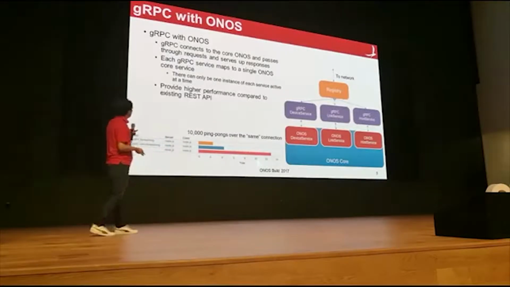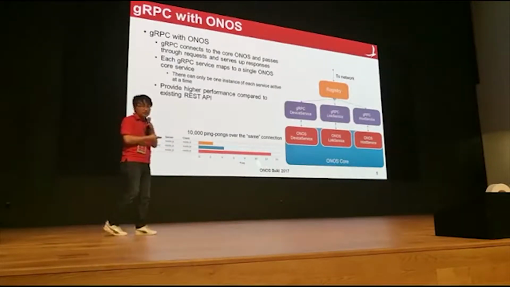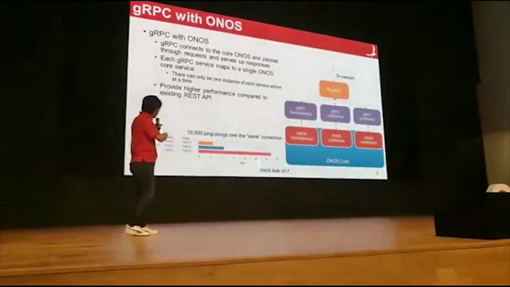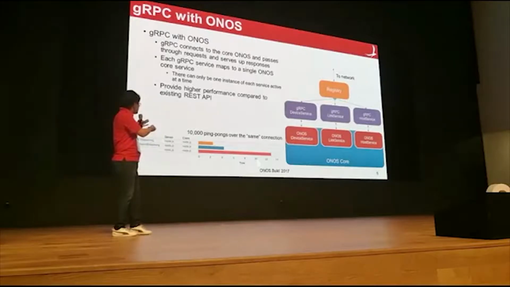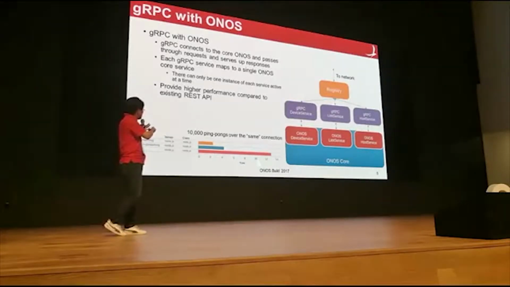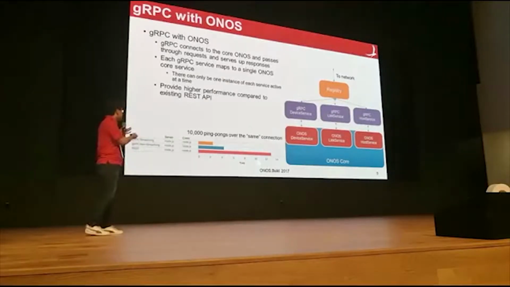Then it can be served to the client side. The third point I want to mention is that it provides higher performance compared to the existing REST API. If you look at this chart, this is a ping pong benchmark provided by Google. Here is REST, and here we have gRPC.